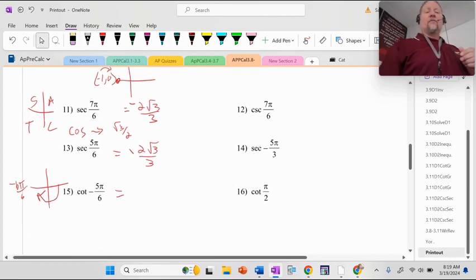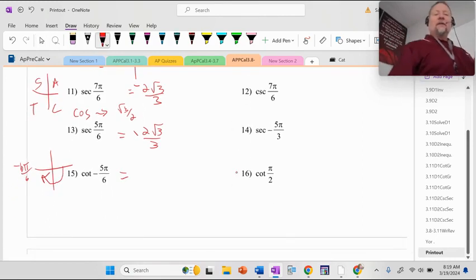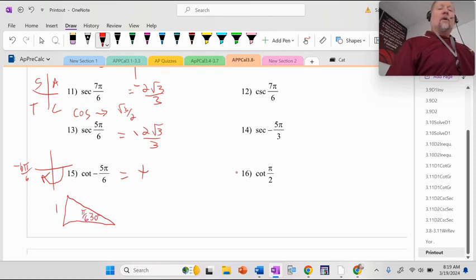Now, how do I get these over 6s done? We're at level 2, so I don't know what else I could do on this. I have done this before. I've gone back to the triangle. We actually did talk about it as 30 degrees, which is equal to pi over 6. And then we went back to this triangle. I don't know if this is going to help, but this is 1, root 3, 2.